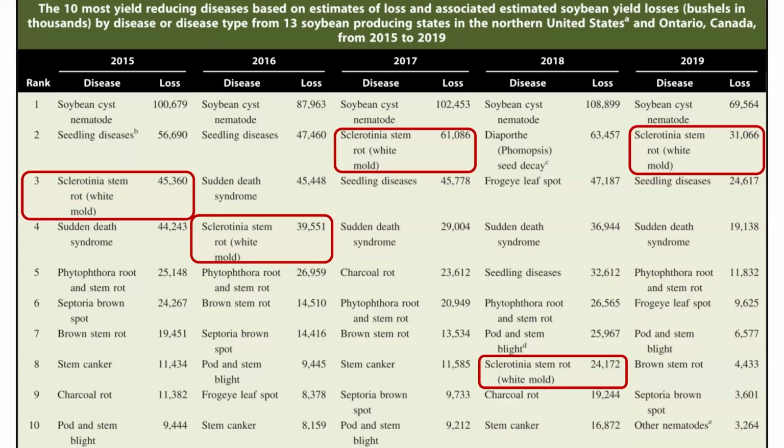And if you can see here, every single year except for 2018, white mold was above the top 5 most yield reducing diseases in soybean. That's a major deal because this disease, even though maybe some years we don't see it, it's a little drier across the region, white mold is substantially reducing yields.